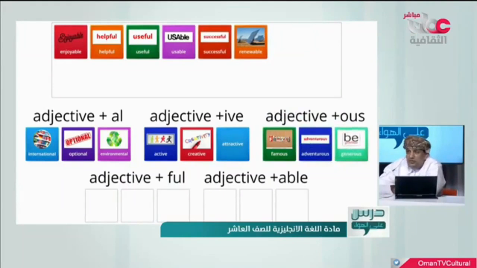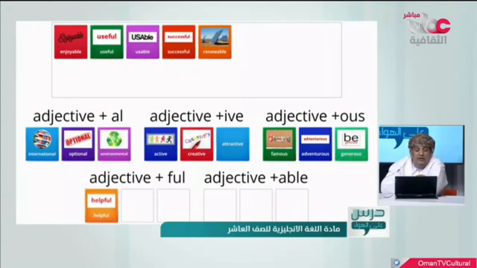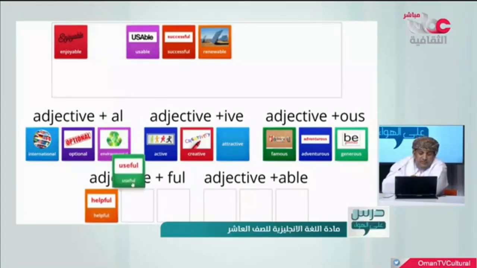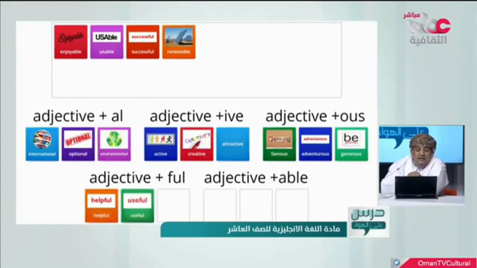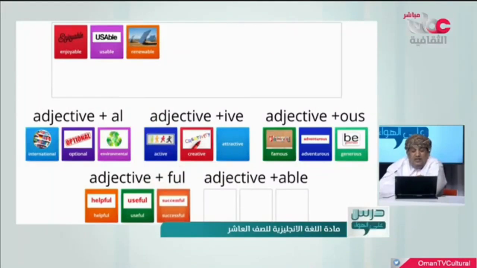Now, I want you to look for adjectives that end in ful, f-u-l. Any adjectives that end in f-u-l. It's obvious here. Helpful, useful, and successful. Okay?